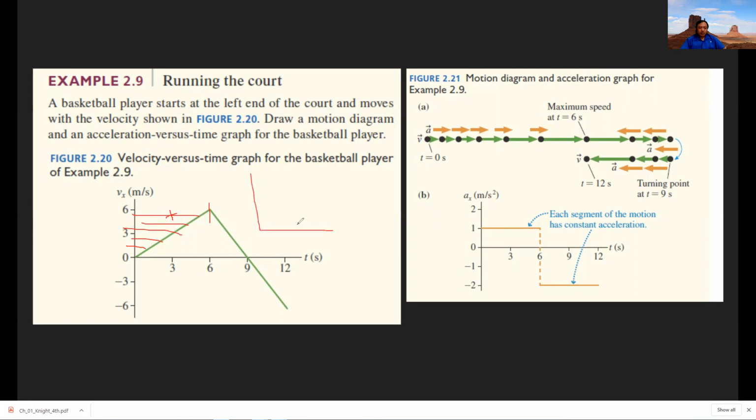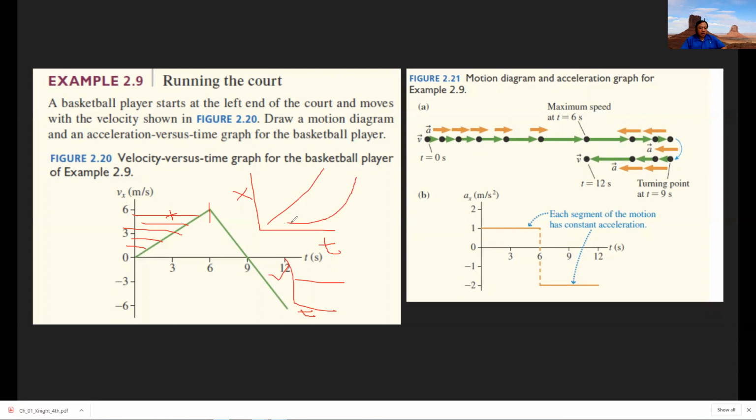Because if your position time graph is a straight line, your velocity time graph will be a horizontal line. But since it is a diagonal line, the position is kind of a curve that keeps on increasing. So it could be like this.